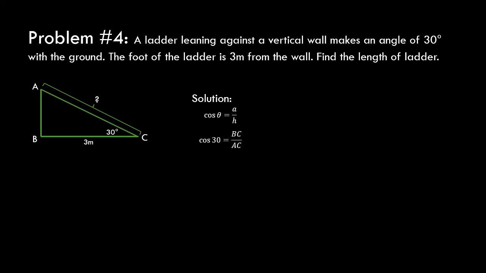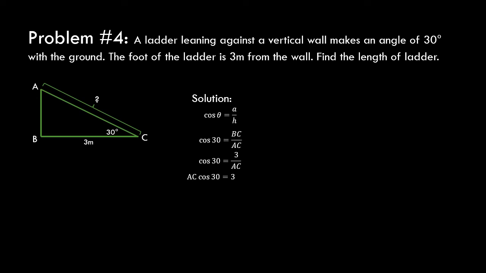Substitute theta by 30 degrees, and our adjacent side is side BC, and our hypotenuse is side AC. Now, we know that the value of our adjacent side is 3 meters, so we're going to input that in our equation. Cross multiply this, and we're going to get AC cosine 30 equals 3.